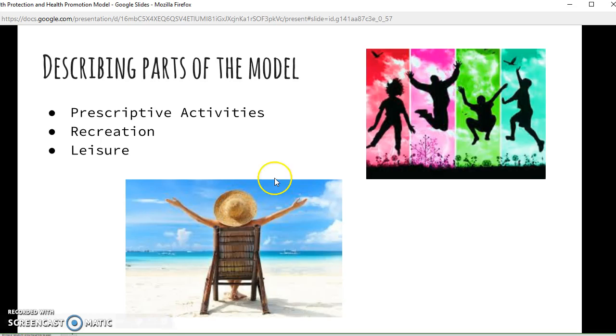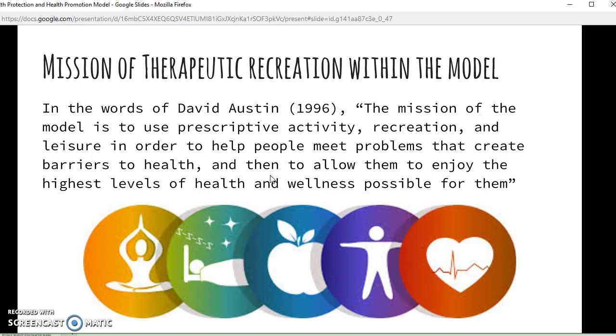And then the third part is leisure, which is something similar to recreation, but it provides that feeling of excitement and growth and self-determination and satisfaction in being able to overcome those barriers and still participate in the things that the client wants to.